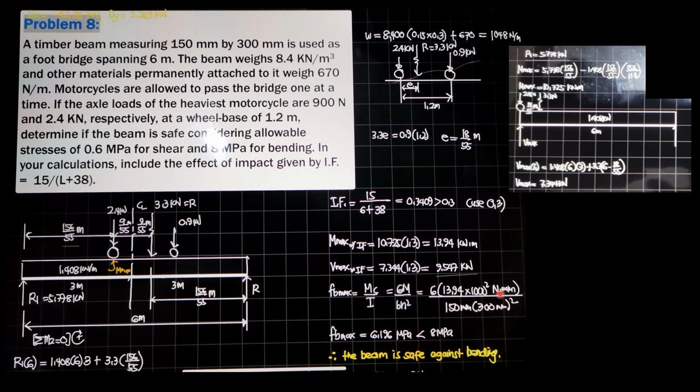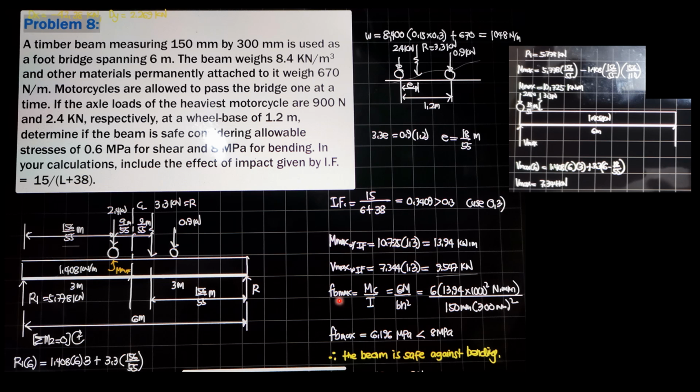So the unit would be Newton mm in the numerator, mm cubed in the denominator, and that is Newton per mm squared or megapascals. So FB max is 6.196 megapascals, and this is less than the allowable bending stress of 8 megapascals. Therefore, we say the beam is safe against bending.